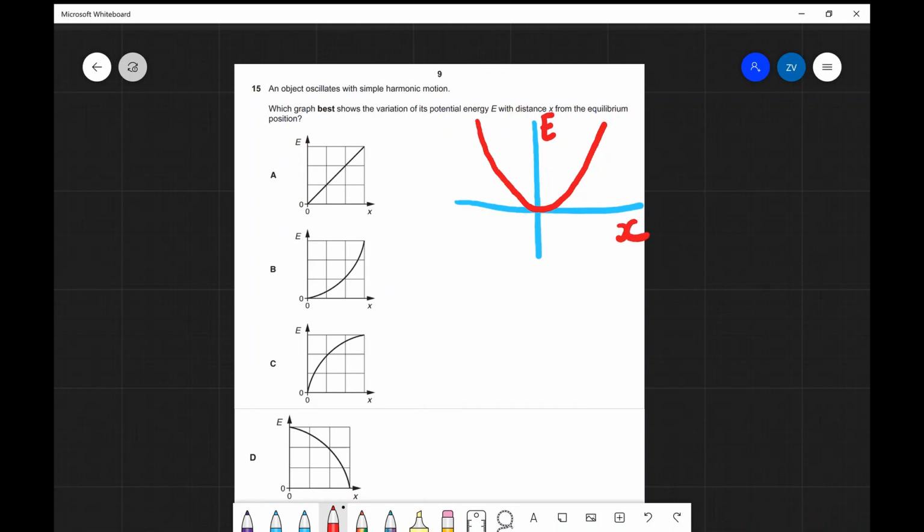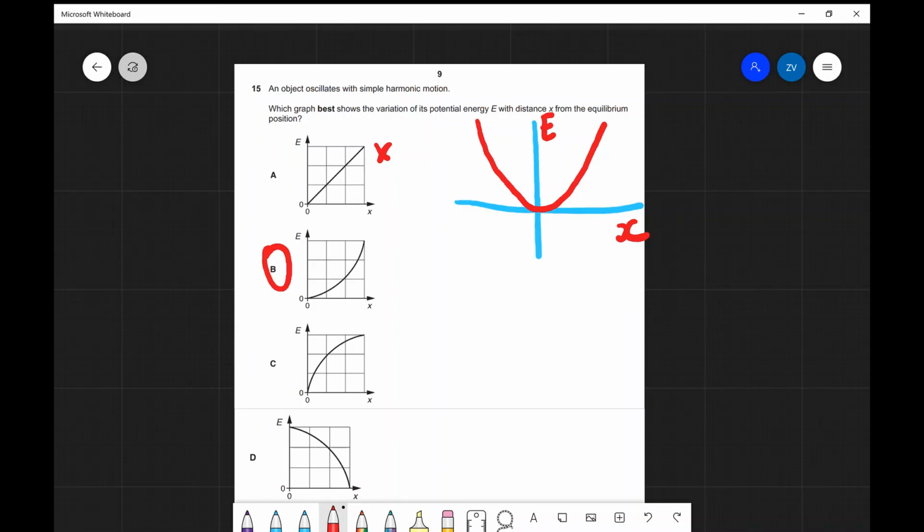So in this case, just that right hand quadrant is represented in the correct answer being B. We know that the potential energy increases with distance, and we also know that it's not a linear relationship. So it can't be A because A is linear. B, that's the correct answer.